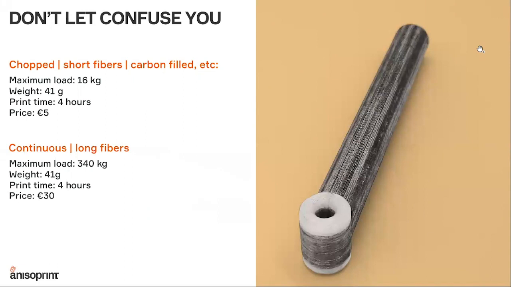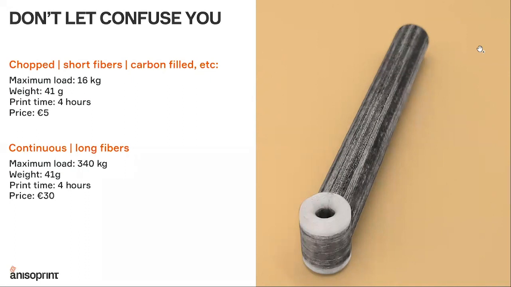Simple comparison: if you have a simple rod that you can 3D print with a chopped or short fiber filled plastic, that can take something like about 4 hours of printing, and such a part will be capable of bearing a load of about, in this case, 16 kg.